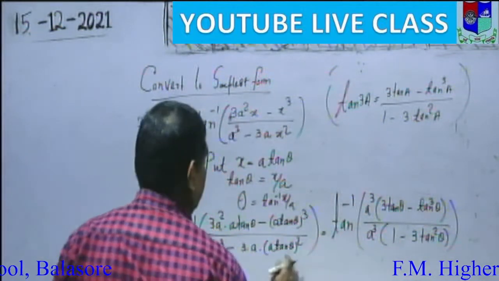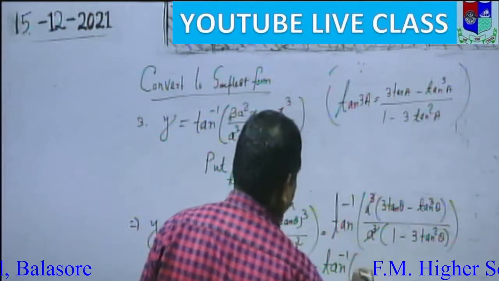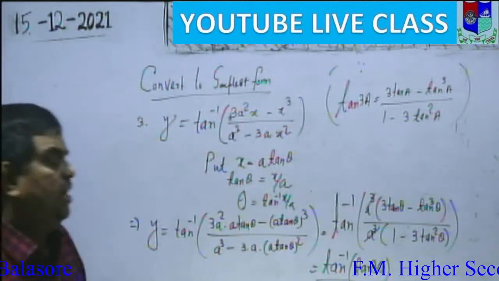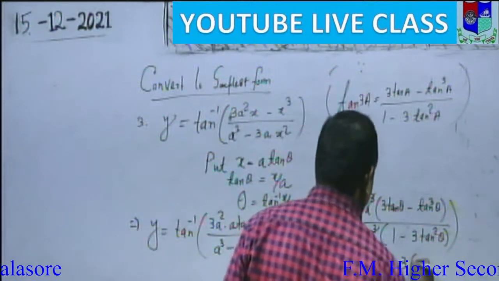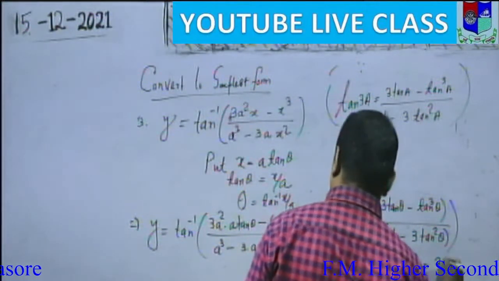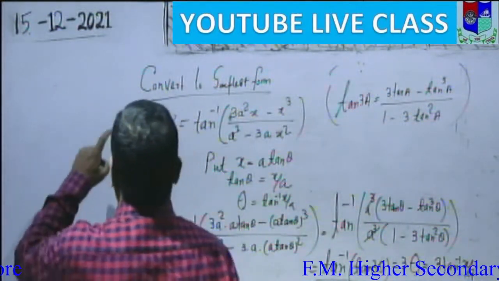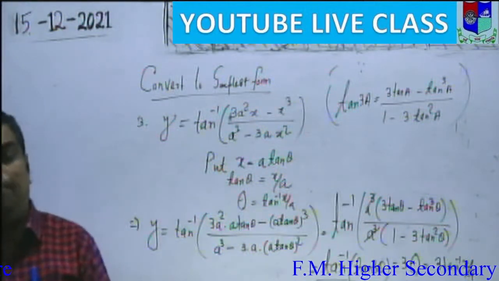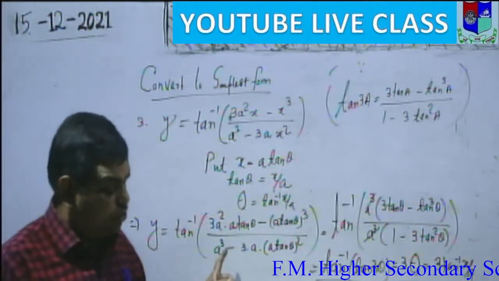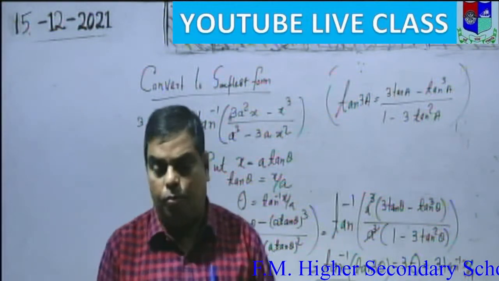This is tan inverse of tan 3 theta. Tan inverse tan 3 theta is nothing but 3 theta. Theta is tan inverse x by a, so the answer is 3 tan inverse x by a. If this is given in a derivative, limit or integration problem, after it becomes simplest, we can solve it very easily. Now we have to solve some more problems.